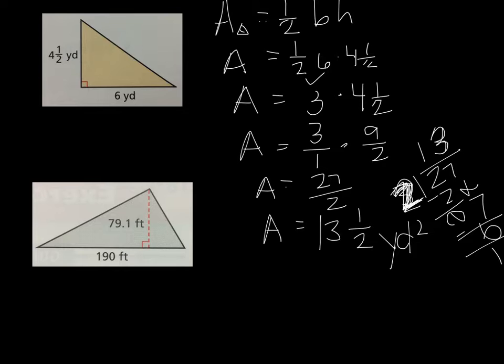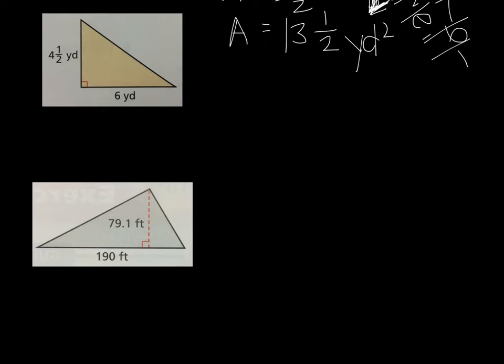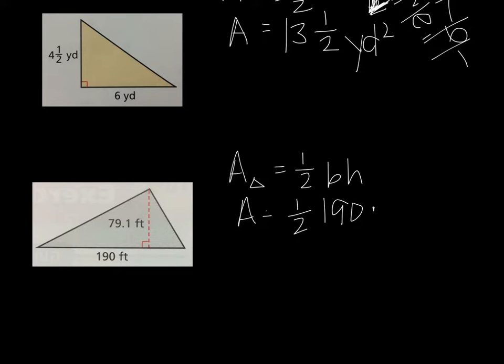I guess I should have only done one on this page. So if you need to write all that down, you can just go back in the video. So now let's do this one. The area of this triangle equals 1/2 base times height. The area is going to equal half of 190 is our base times our height, which is 79 and 1/10.